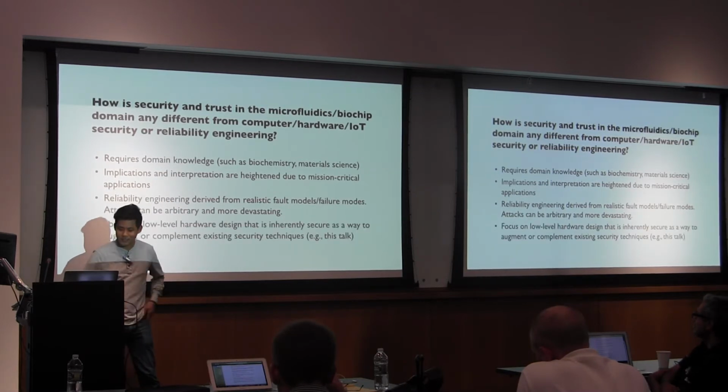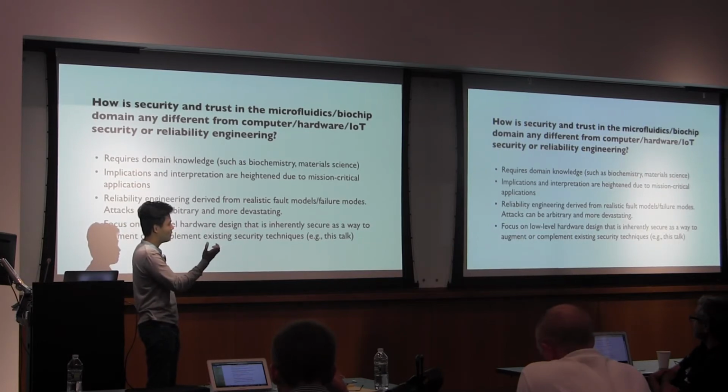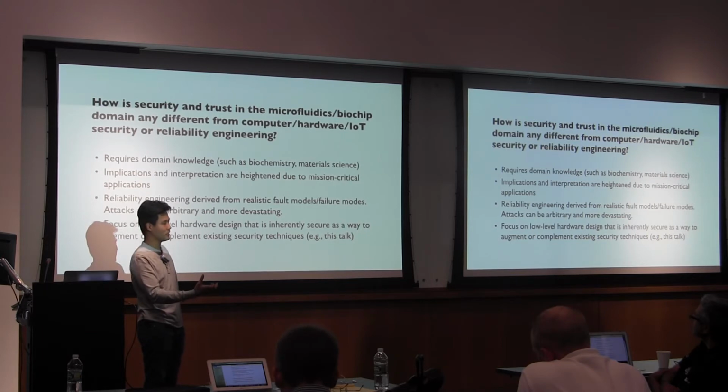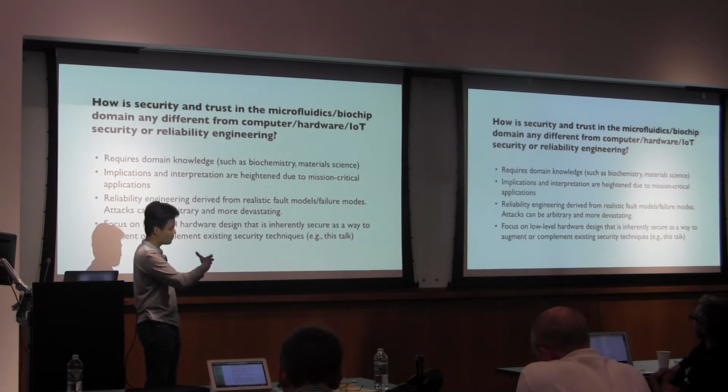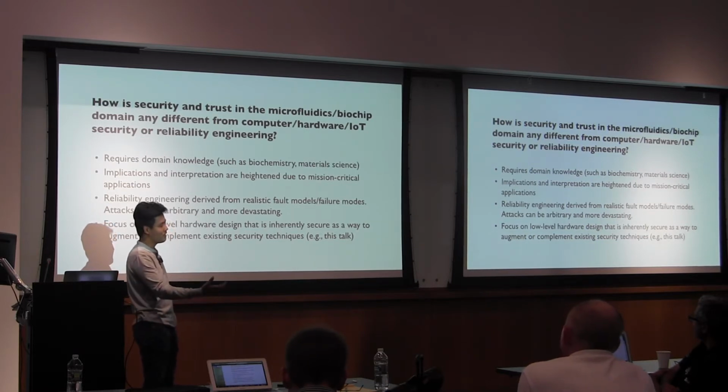And the last thing I want to mention is how I see microfluidic security: there should be a focus on low-level hardware design. And this is important because these biochips are integrated with a lot of electronics, and we have this huge body of work for secure devices.